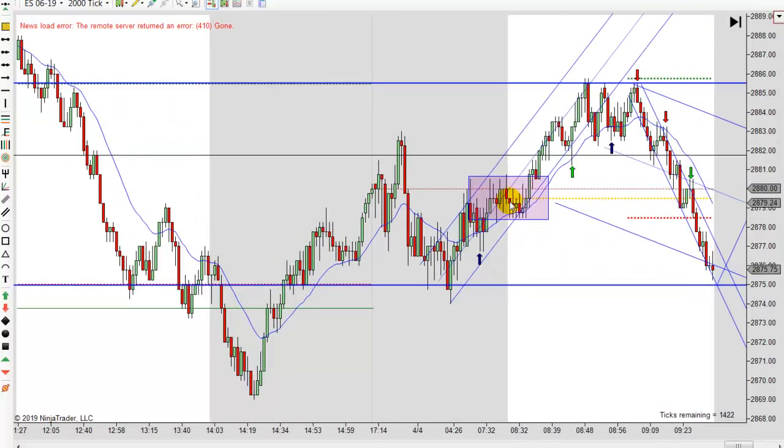Basically, anything between that yellow line and the red line will be your gap. And notice what happens when we opened here at 8:30. It didn't take long to fill that gap. It filled it real quick with a couple of sideways bars there.